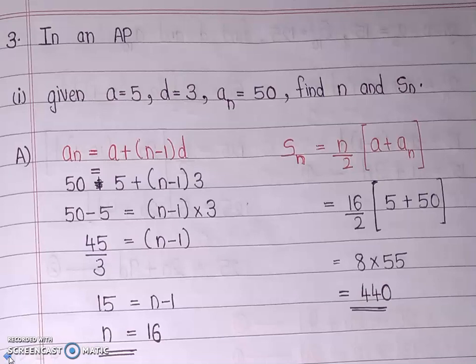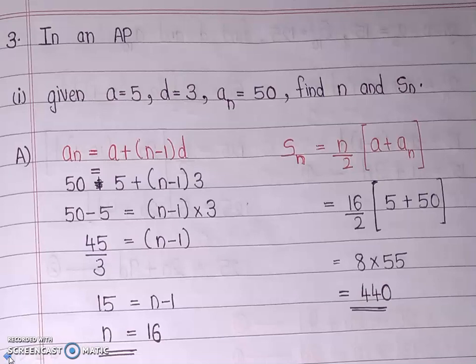Any 3 of the data will be given and the fourth one will be unknown. So you have to choose the equation in which all the 4 terms come and one of the terms will be unknown. Now we'll see the first question.